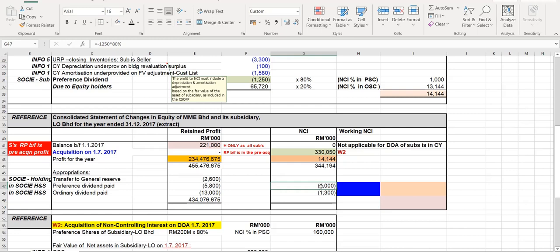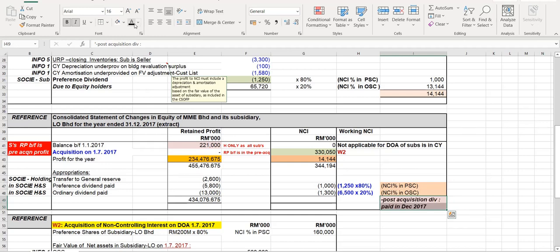The next one is the dividend that relates to the non-controlling interest. The first one is the preference dividend. Remember, the preference shares have 80% non-controlling interest, and then the one relating to the ordinary shareholders. Bear in mind again the non-controlling interest percentage, don't get mixed up, and don't forget that the post-acquisition dividends were paid in December.